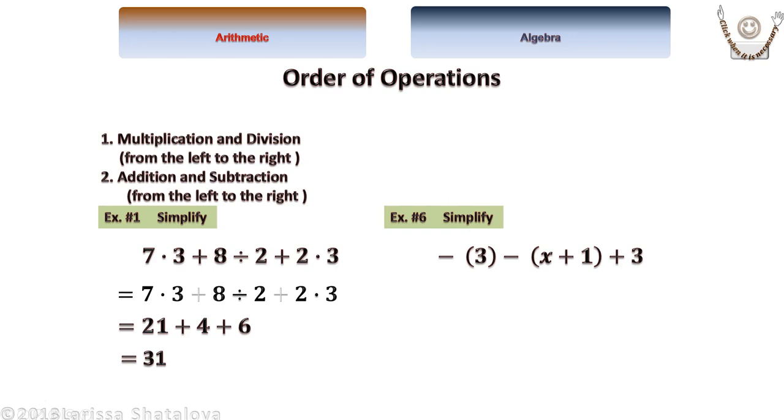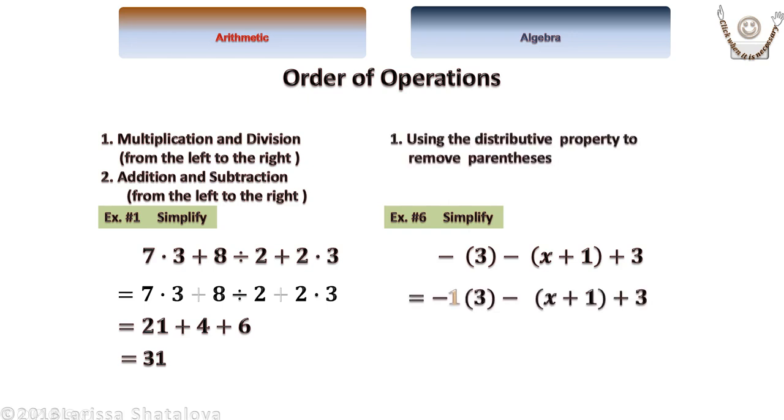Now example number 6. In order to read this example, it could be a good idea to use the magic number 1 if you want to use the distributive property. Then we can see better.